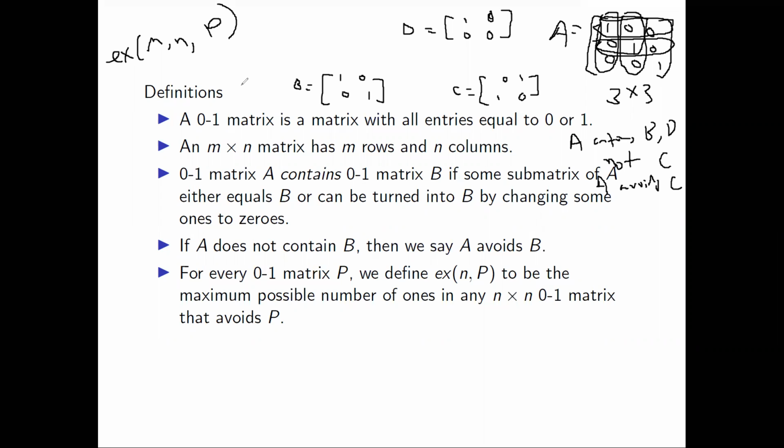But otherwise, the definition is the same. And in this video, we're going to focus just on the square version of the extremal function. Most of the results that we'll see, we could generalize to the non-square version, but the square version is more commonly studied and more well understood. So we're going to focus on the square one for this video at least.